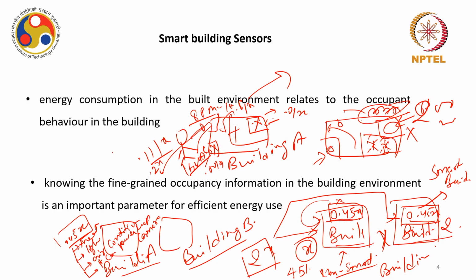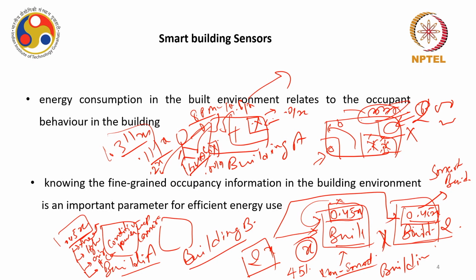So in total he is utilizing 0.311x of energy. Any deviation from 0.311x can tell us about the behavior or the pattern of the occupant, how he is utilizing these instruments, or how he is utilizing his house.